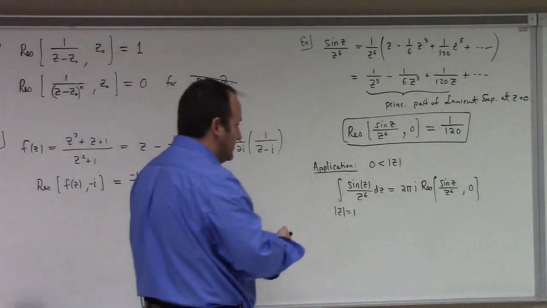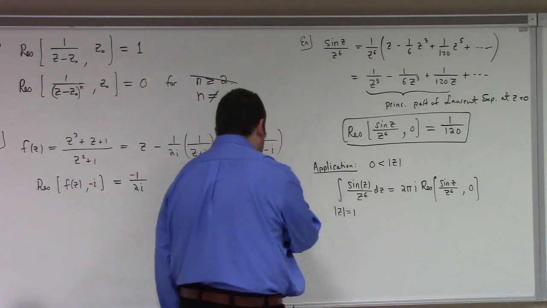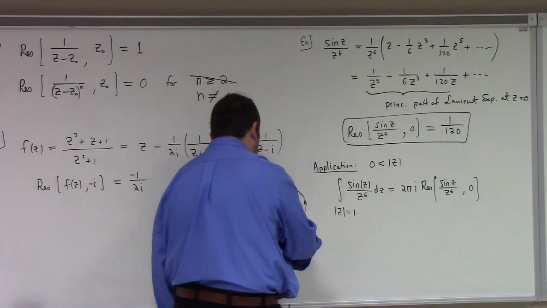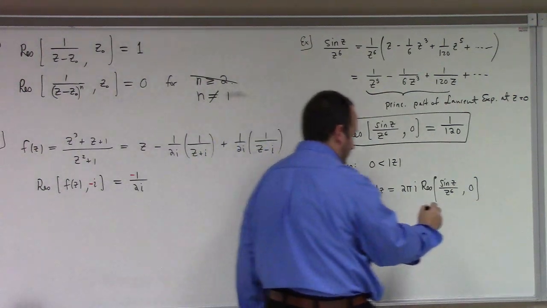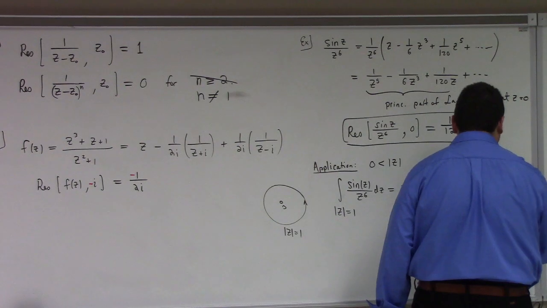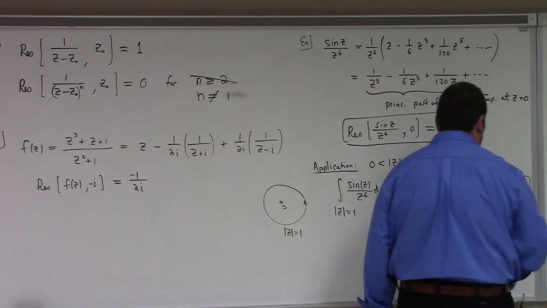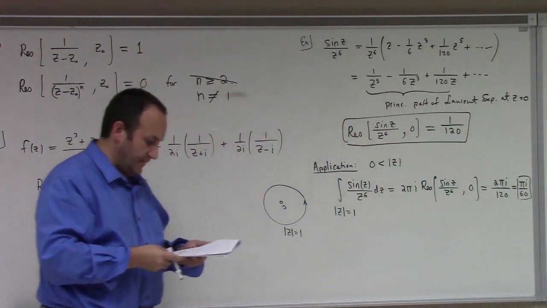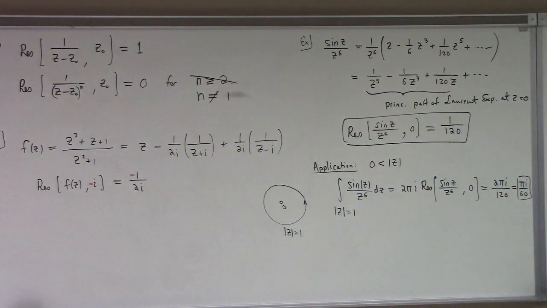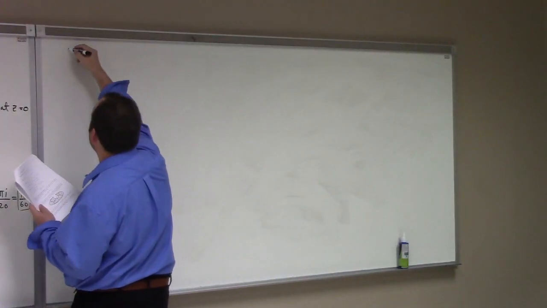There's just one pole, and if we could draw a picture, here's 0, here's the unit circle, right? And so this is just 2 pi i over 120, or pi i over 60, if you like. Not bad, right? All right. So let's look at the Cauchy residue theorem.